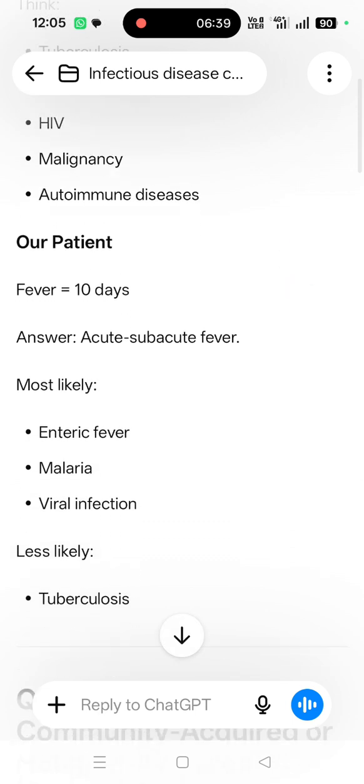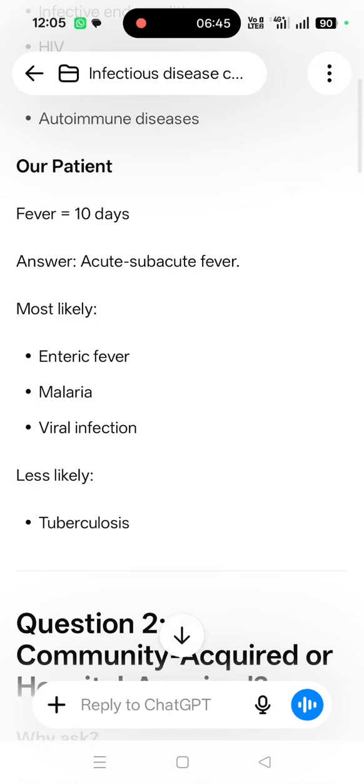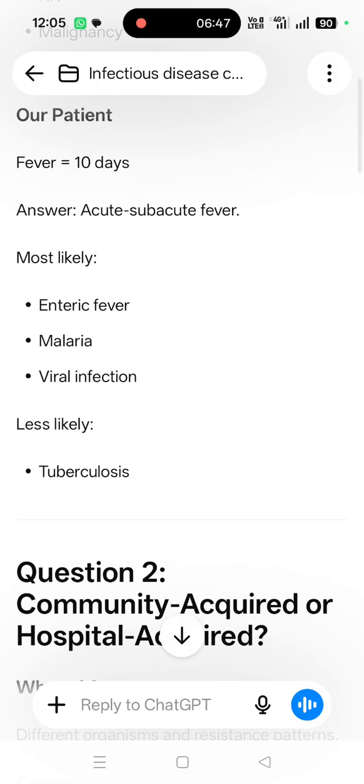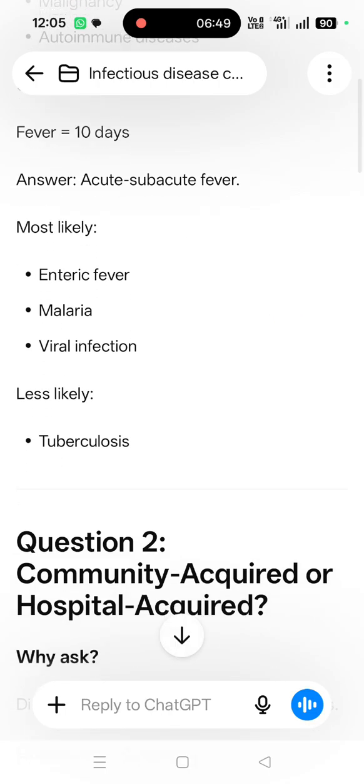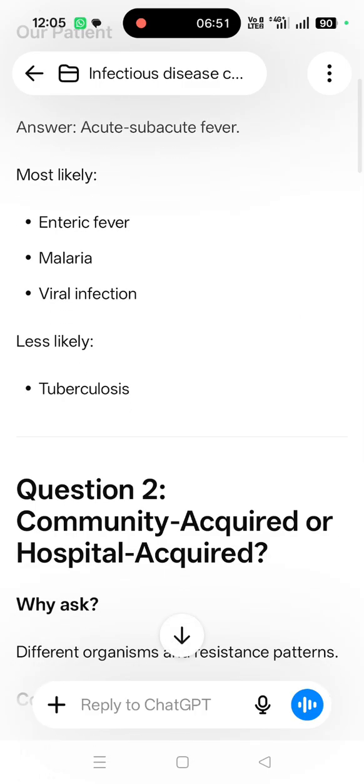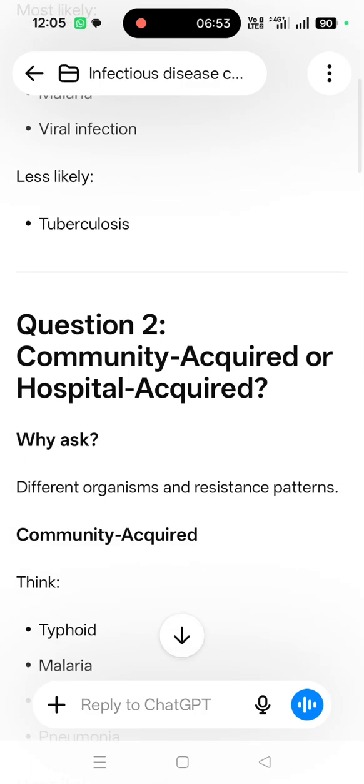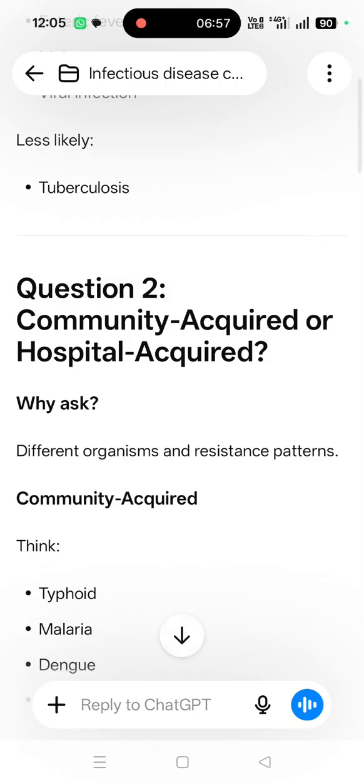Here our patient is having fever for 10 days. So it is acute to subacute fever, and most likely chances here are enteric fever or malaria or viral infection, and less likely tuberculosis.